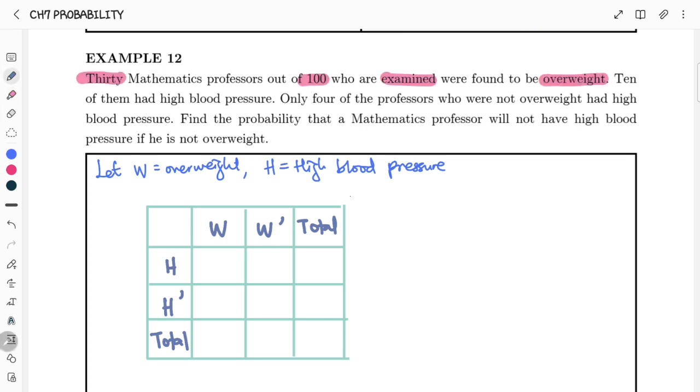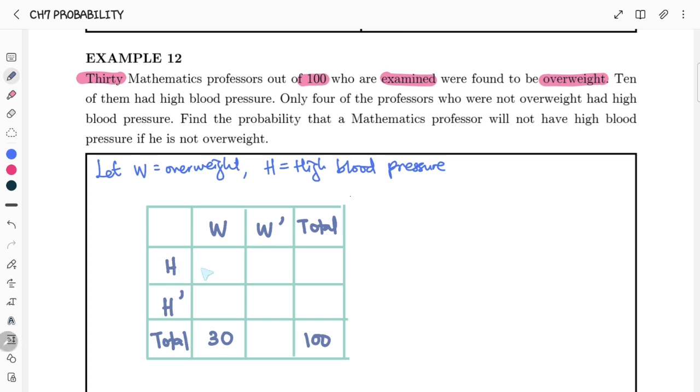So the first one, it says that 30 are overweight. So the total of the ones overweight is 30 out of 100. So the sample is 100 professors. 10 of them had high blood pressure.